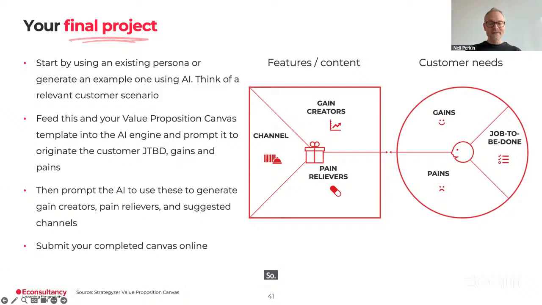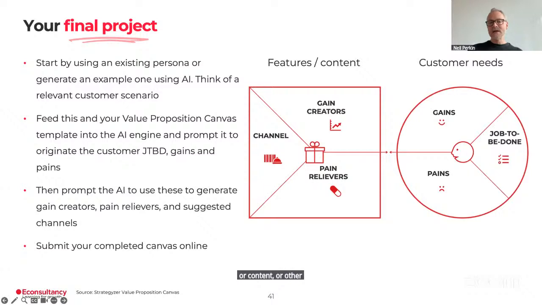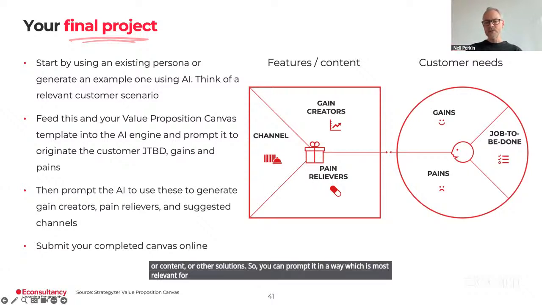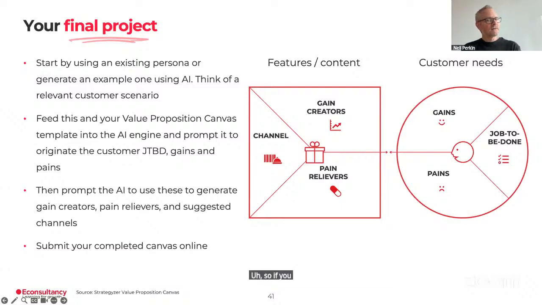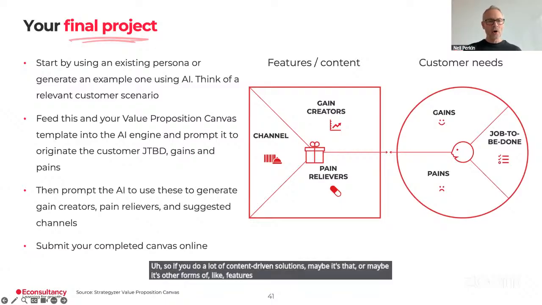Once you've done that, prompt the AI to map out suitable features or content or other solutions. You can prompt it in a way which is most relevant for your brand and your situation. If you do a lot of content-driven solutions, maybe it's that, or maybe it's other forms of features in-app or on-website features.